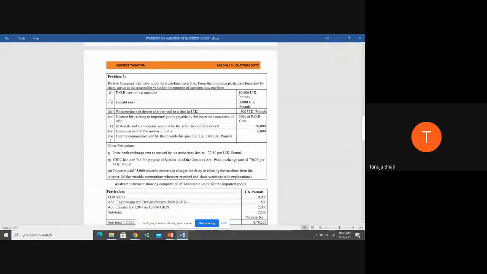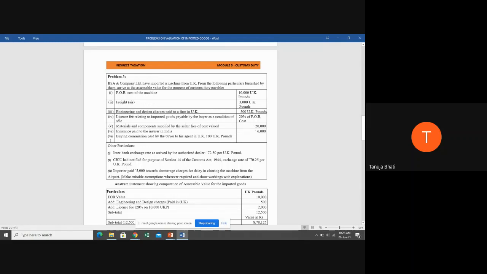So now here, engineering and design charges paid to a firm in UK. Now this is paid to a third person in UK in relation to the designing of this machine. So this has to be included as per rule number 10.